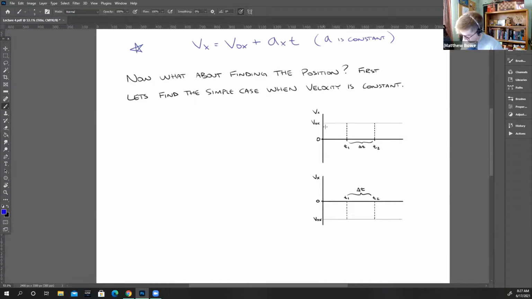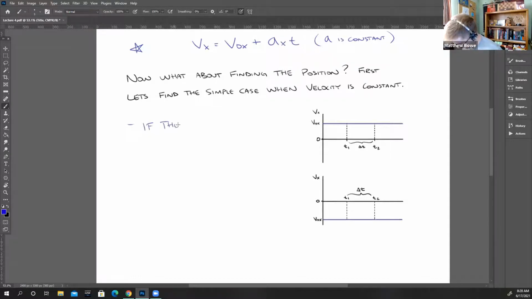So we have the velocity in this one instance up here held constant at a positive value, so it's above 0. And over here, we have velocity held constant at a negative value. These are just two separate graphs. Let me do a bullet point of what I'm trying to achieve.